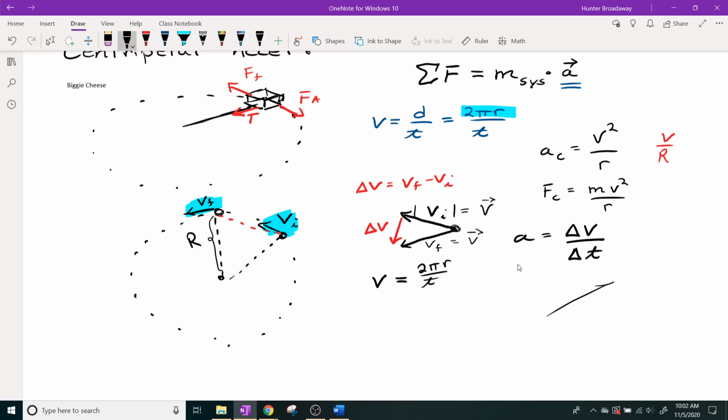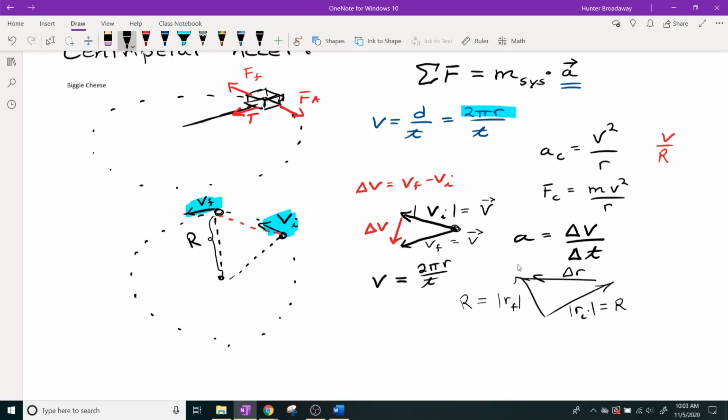Because if you're dealing with the radius at one location and the radius at another location, the difference between the two, so like this is the distance that we were traveling at the beginning, so this would be the initial radius, and this would be the final radius, and the distance between them would be the delta r. But it's the same radius because the length of the object going in the circle isn't changing. So the length of the initial radius is just r, and the length of the final radius is also just r.